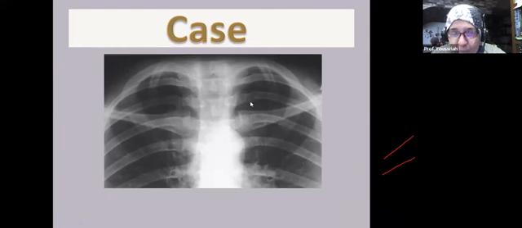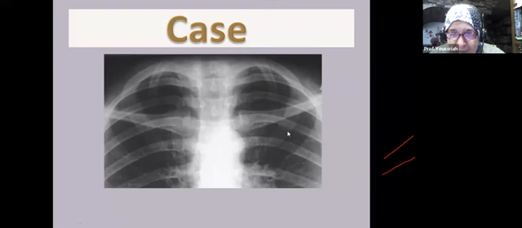How would I know? Look at the right side, a rib that's so big, it does not reach the clavicle. A rib that does not reach the clavicle is not a thoracic rib. It's a cervical rib. However, look on the left side. The cervical rib reaches the clavicle, but at which part? At the medial part of the clavicle.